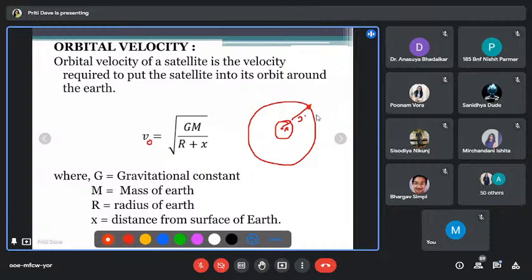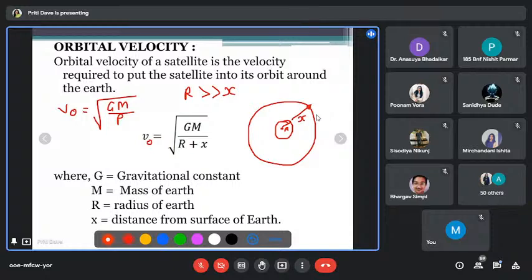Now, many a times, if you launch a satellite very near to the surface of the earth, not very far but near, then r is much greater than x. So this equation then becomes root GM by r. So it depends whether your satellite that you have launched is very far, or whether you've launched a satellite which is very near to the surface of the earth.